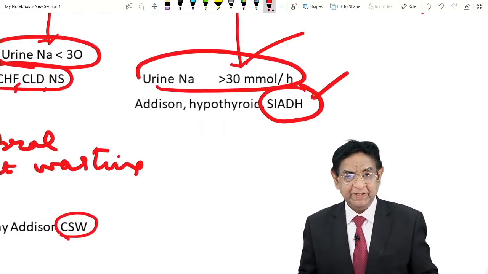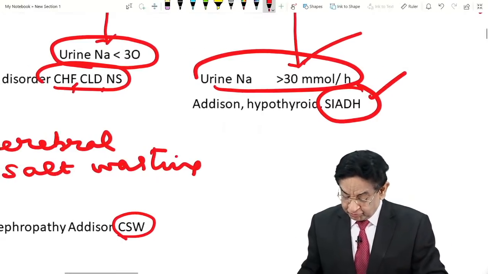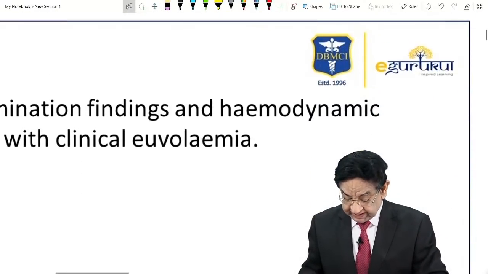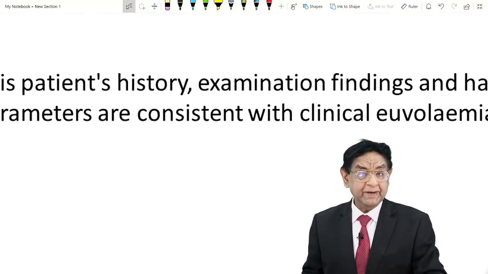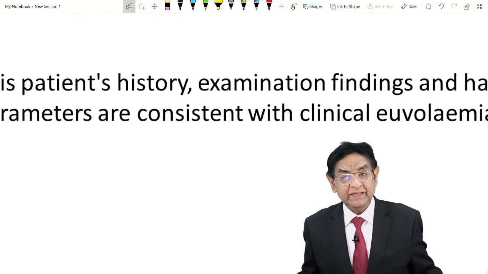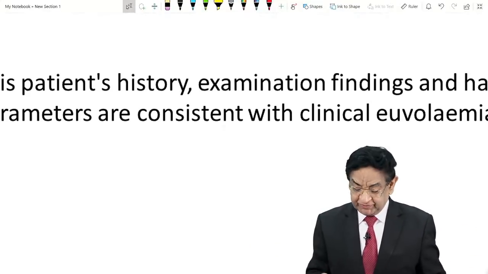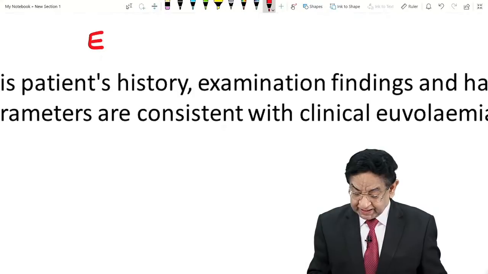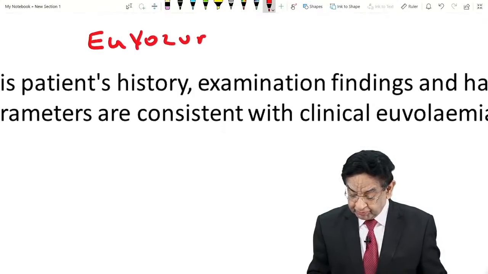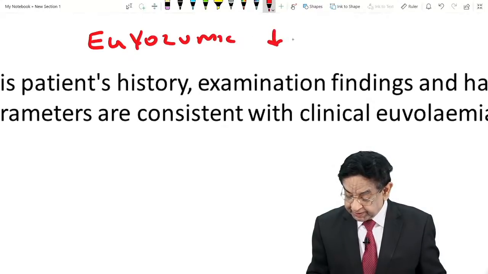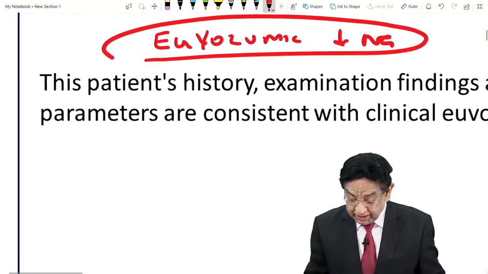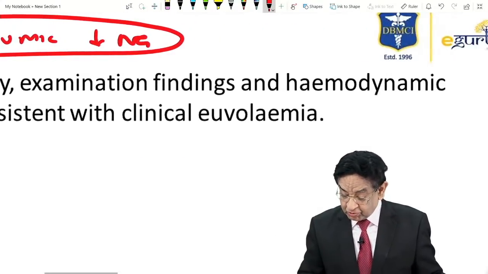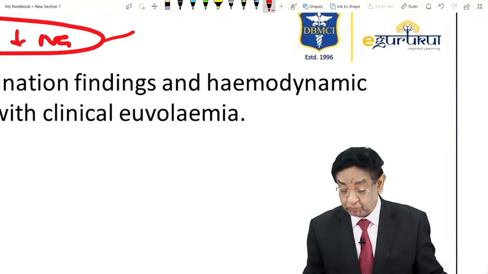It's simple. With this background, we'll move on to primarily discuss SIADH. Now in our case, there is no edema, and the tongue is wet. Straight away we are confirmed. Very simple. We are dealing with euvolemic hyponatremia. So friends, euvolemic hyponatremia, the golden line to remember is what?